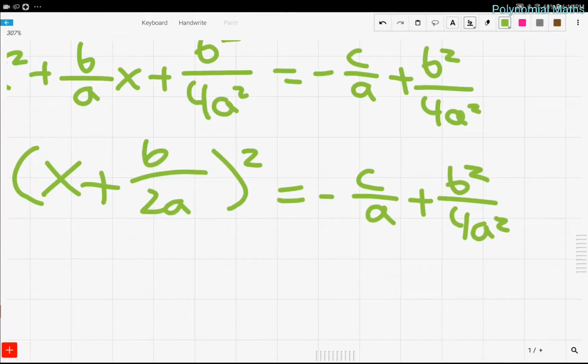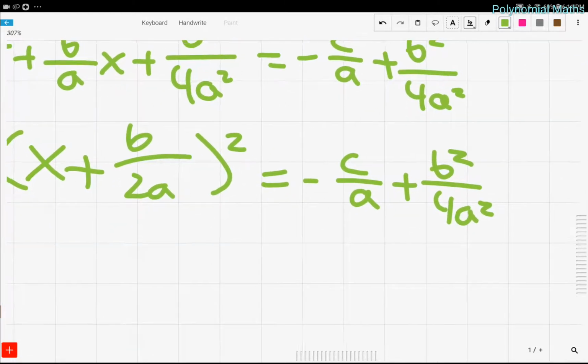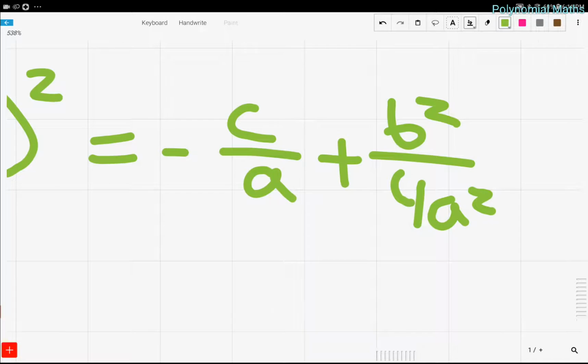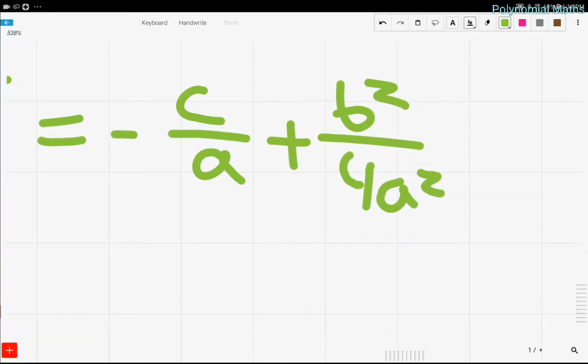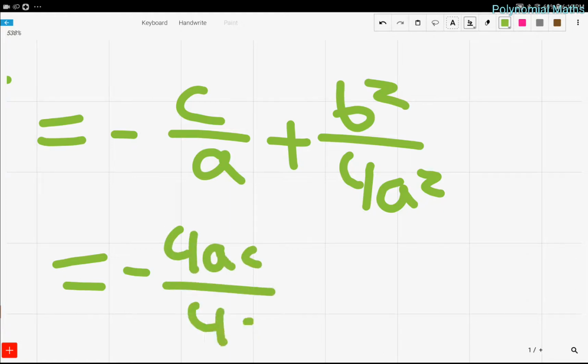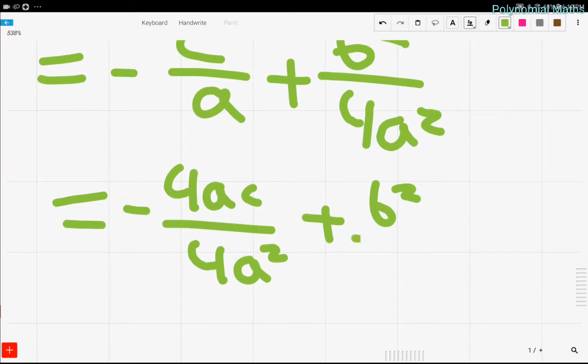And then before we continue, what I'm going to do is add these two terms together. So this is equal to, and putting them under a like denominator, we have negative 4ac over 4a squared plus b squared over 4a squared.